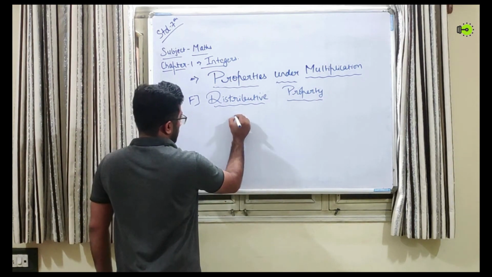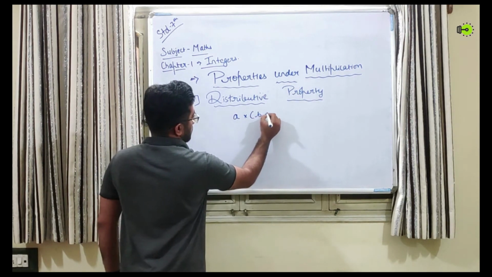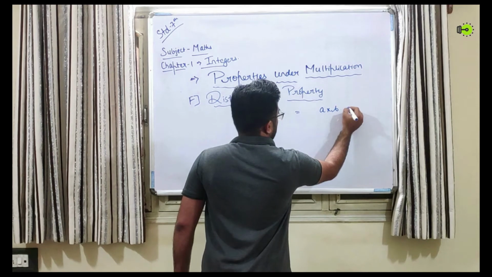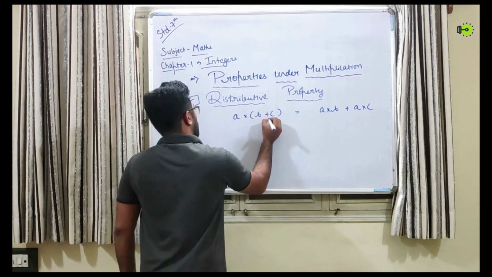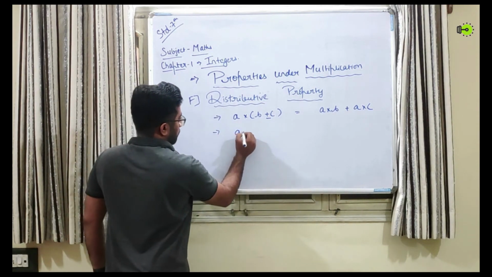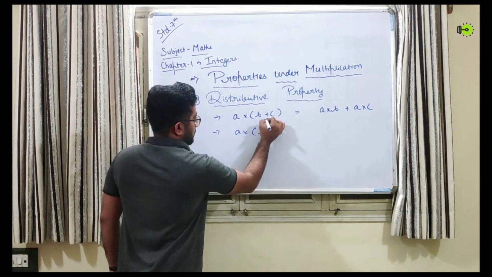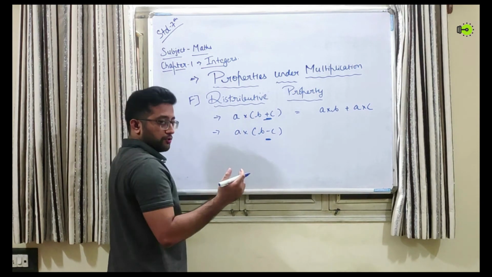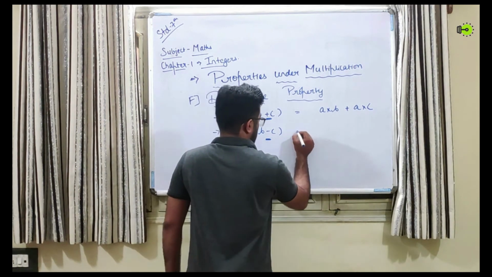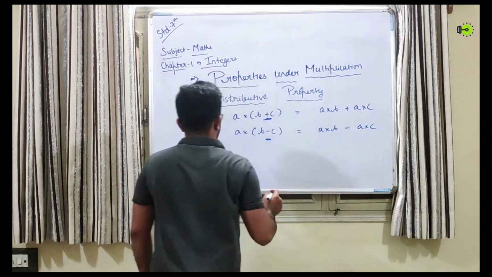Now the general term regarding it is a multiply (b plus c) is equal to a into b plus a into c. Okay, here you need to understand that this is for addition, and a similar general term is also available for subtraction. So these are two pointers which indicate that the distributive property will hold true for addition as well as subtraction. Okay, the change here will be just of sign, not of result.